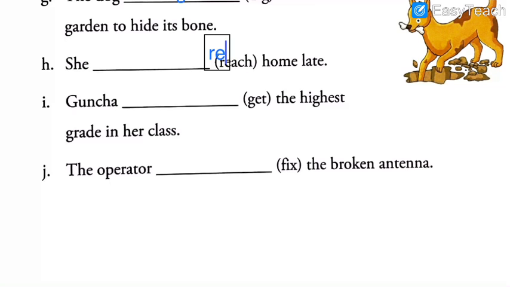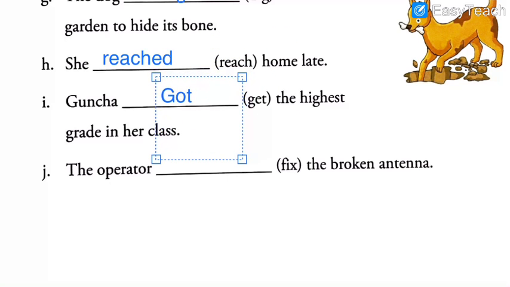She reached home late. Second last question is Guncha dashed the highest grade in her class. Get. Get will become got. Guncha got the highest grade in her class.